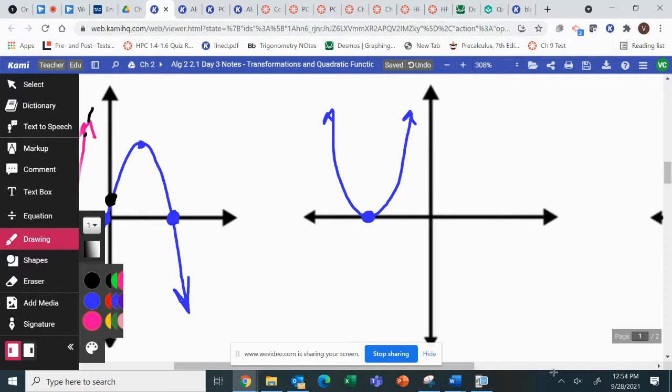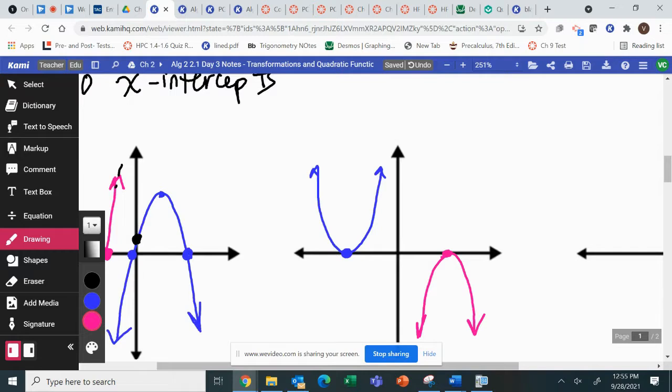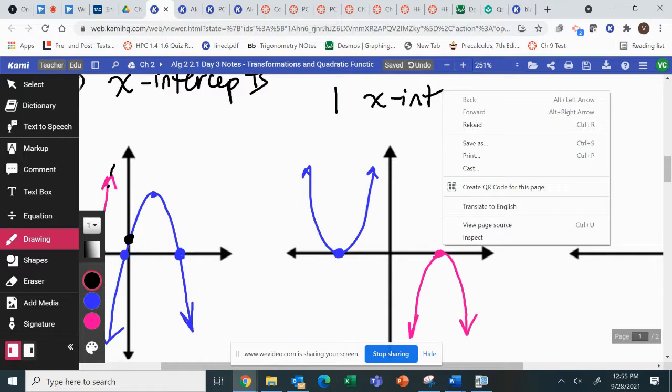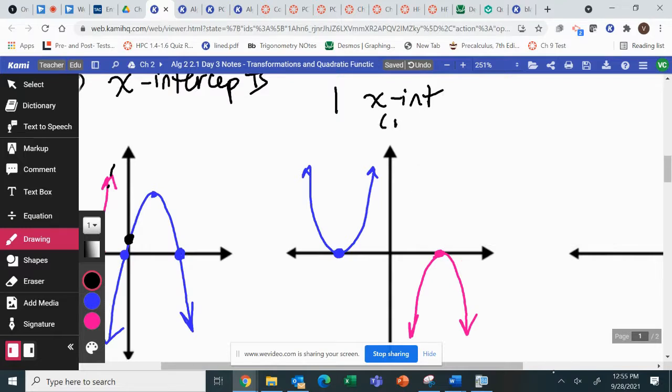So another scenario could be if it opens down, the same thing could happen. So that would just be 1 x-intercept. So that is a case you could have, 1 x-intercept, if it is the vertex.